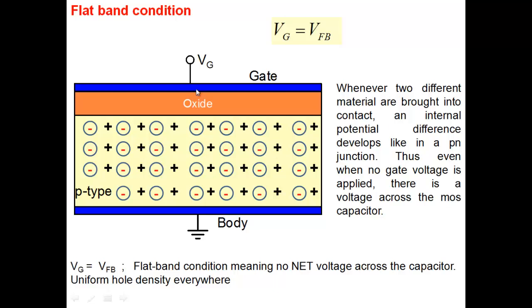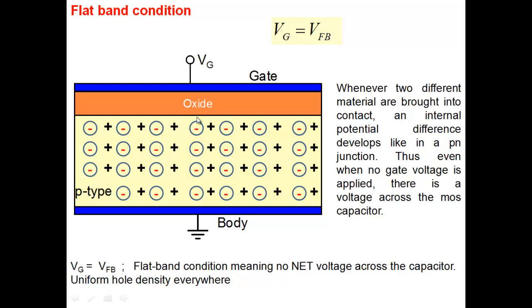Because of differences in the nature of the metal and the semiconductor, even if you apply Vg equal to 0, there is a built-in field inside the device. And if there is an electrostatic field, then depending on the nature of the field, the surface may be depleted, the number of holes may be less, and all that.